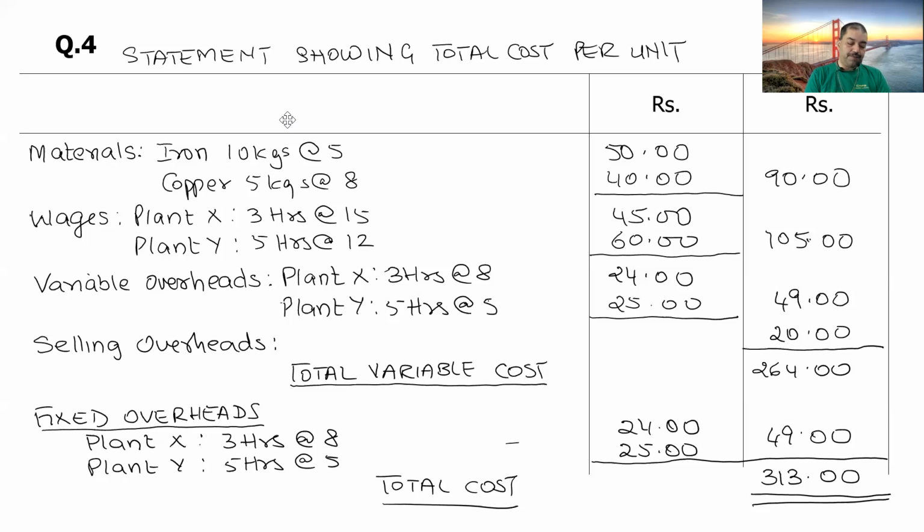So write down. Answer to the second part. After the product is well established in the market, the minimum selling price should be the total cost, that is 313 rupees per unit.